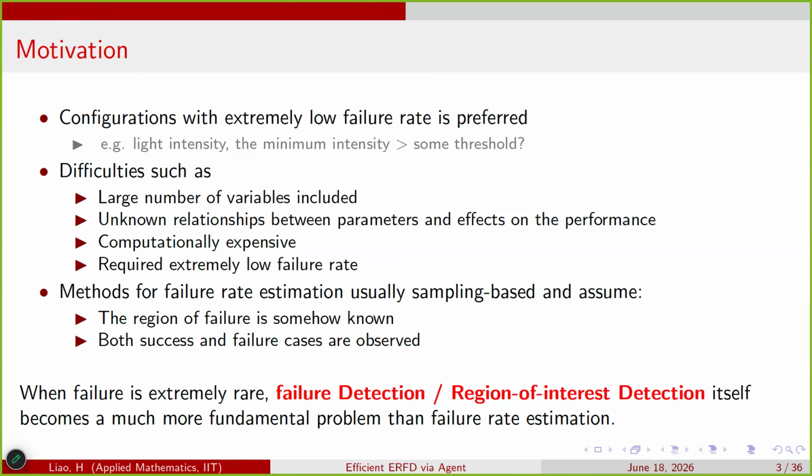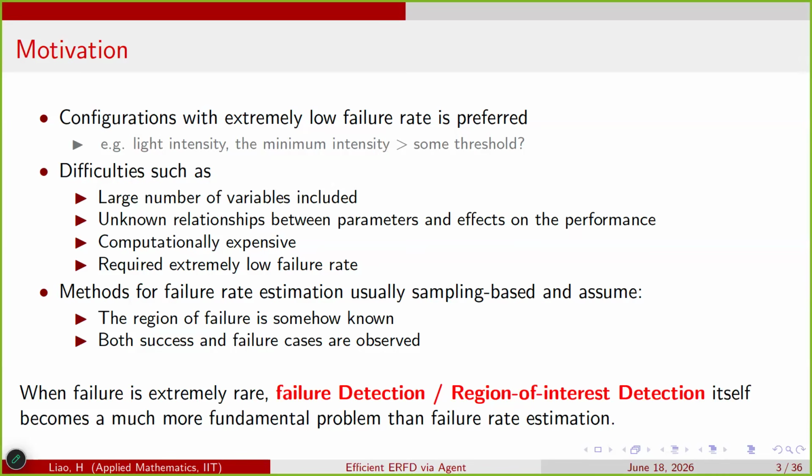We have some experts or experience or knowledge about the regions where it's most likely to fail. Or in lots of papers, they assume we observe both successes and failures in our data sets. Or even if we just have one or two failures, we still have some information in this case.